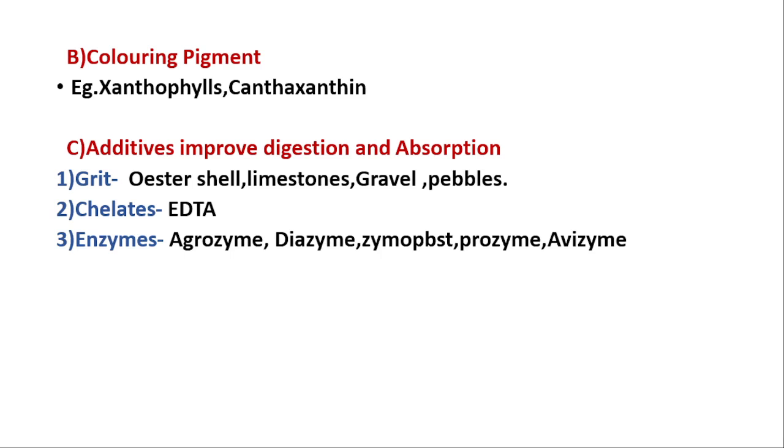That's why for these kinds of effects we use enzymes to improve the digestion and absorption quality of these poultry fowls. Examples of enzymes popularly available in the market are Agrozyme, Dizyme, Zymopibas, Prozyme and Avizyme.